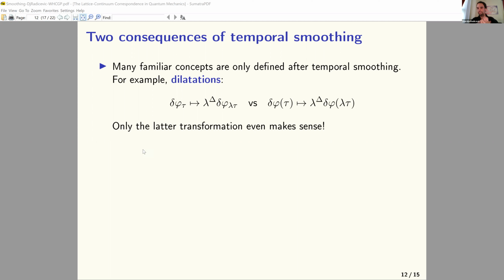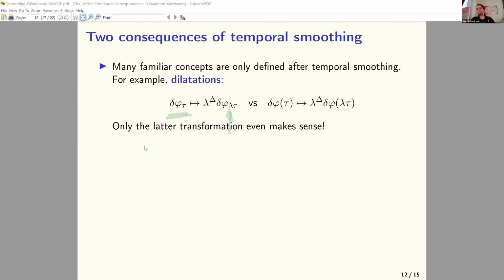Or the fact that you have temporal smoothing as a thing. One thing that I will stress is that many things that we talk about and take for granted in continuum field theories only really make sense in the continuum and not on the lattice, and it's really the temporal smoothing which allows you to make sense of them. One simple example is dilatations. If I were to start with these objects delta phi of tau, that are defined at discrete steps of time tau, and I wanted to define a dilatation transformation on them, that's actually completely nonsensical, because lambda could not be a real number, because lambda tau needs to be another integer multiple of d tau.